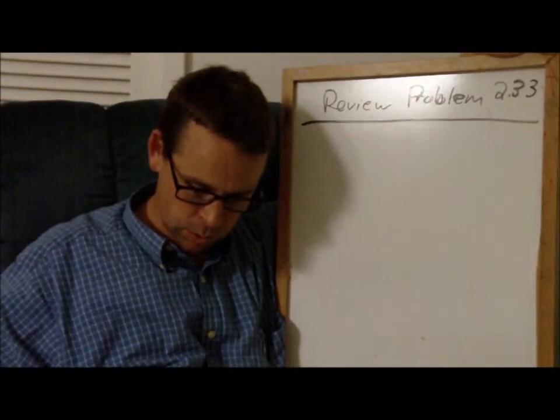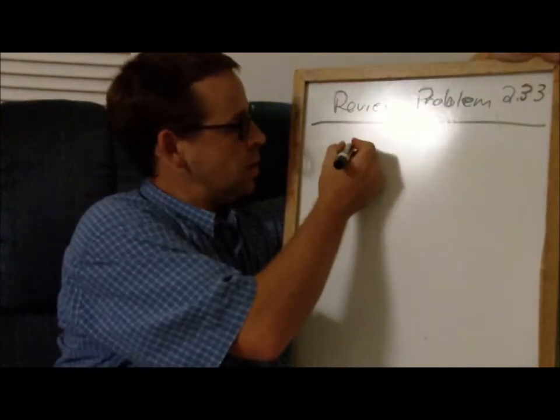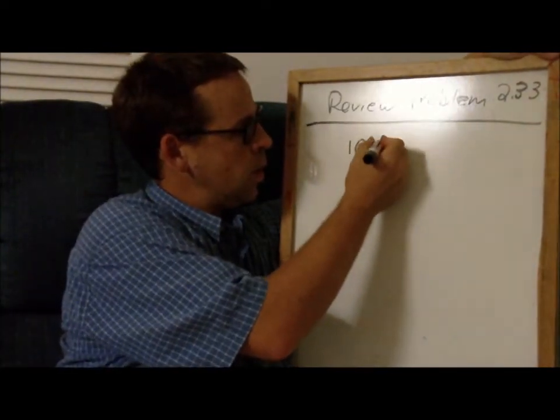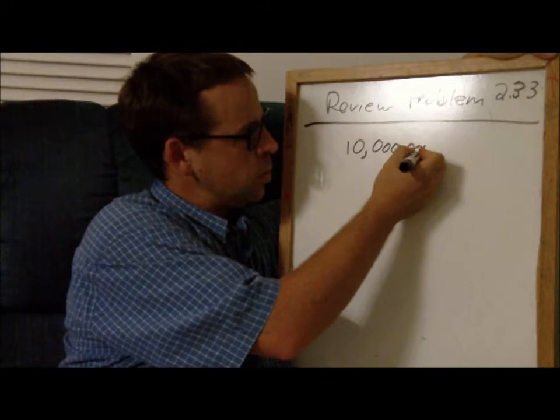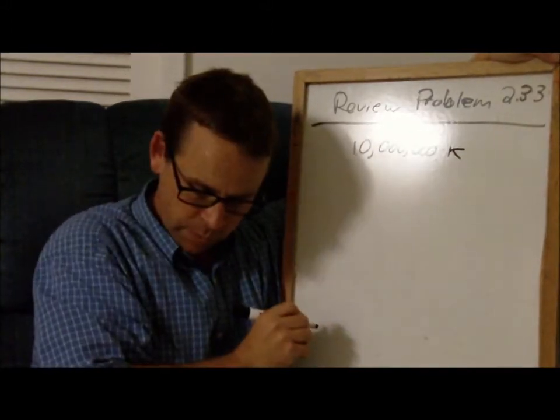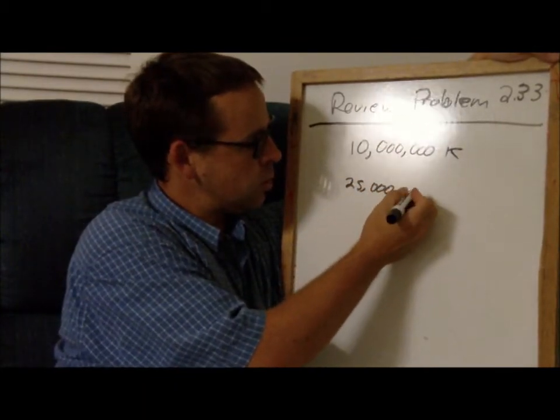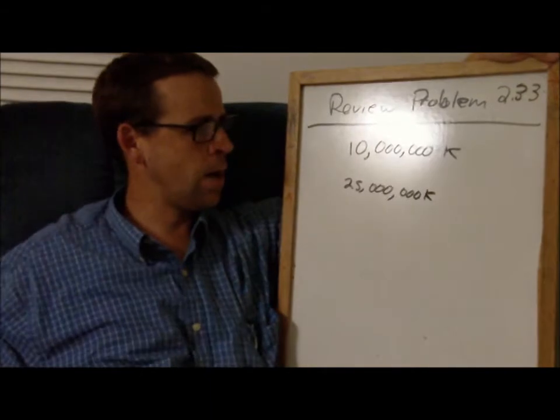And we're told that it's 10 megakelvins to 25 megakelvins. That's 10 million Kelvin to 25 million Kelvin.